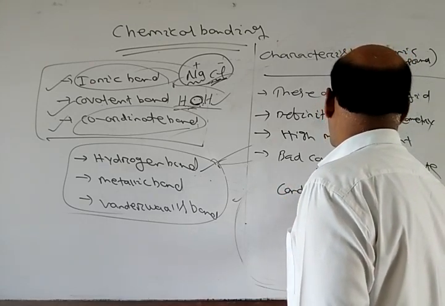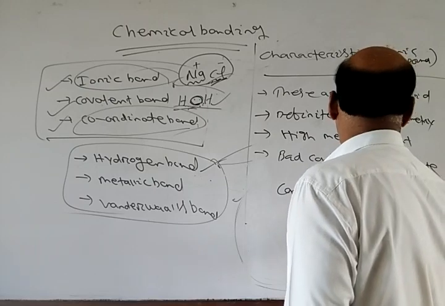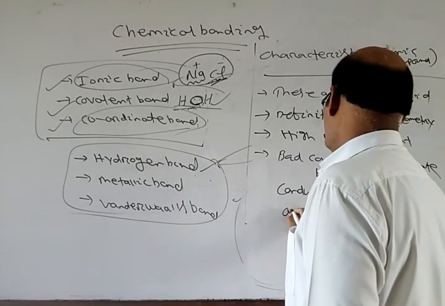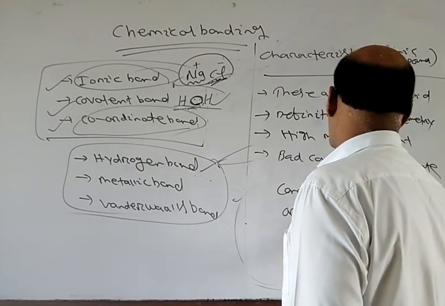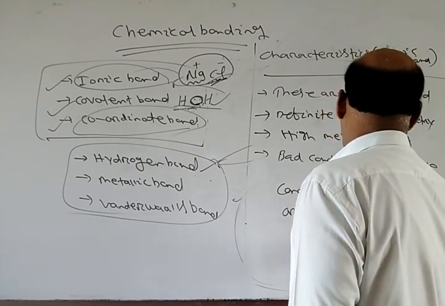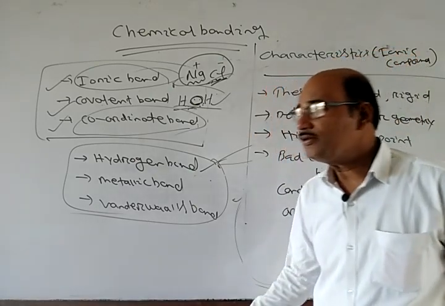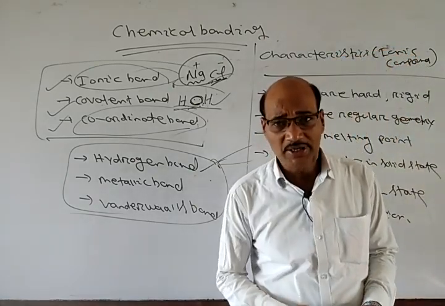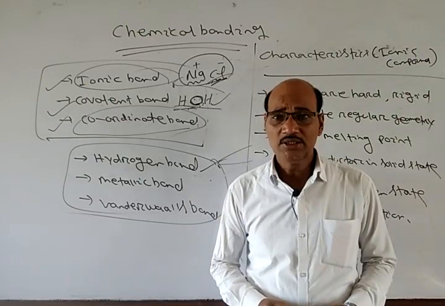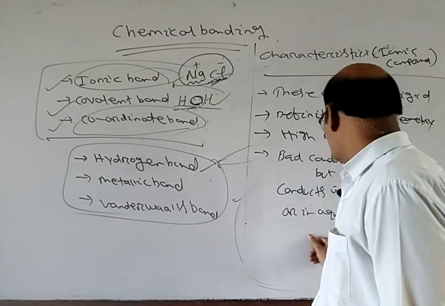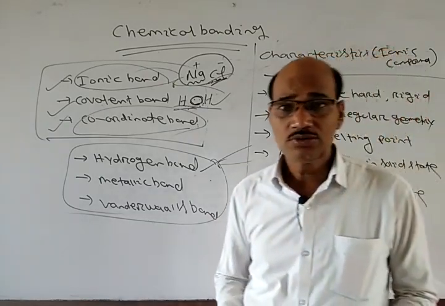So ionic compounds are bad conductors of electricity in the solid state. However, they can conduct electricity in the molten state or in the aqueous solution.